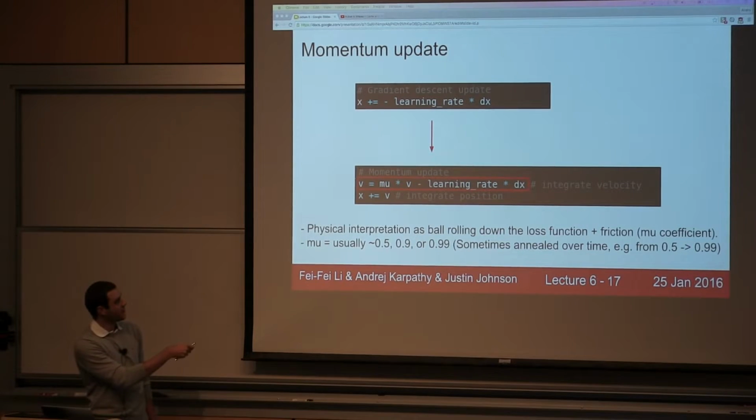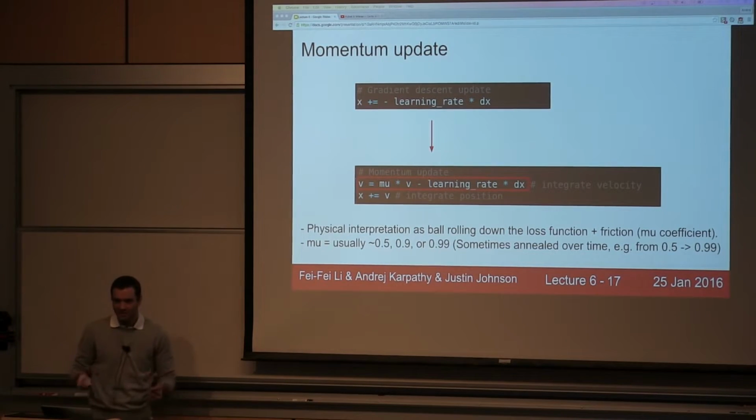So we increment this velocity variable, v, and we're basically building up this exponential sum of gradients in the past, and that's what's integrating the position. This mu here is a hyperparameter, and mu is a number between 0 and 1. What it's doing is decaying the previous v and adding on this current gradient.